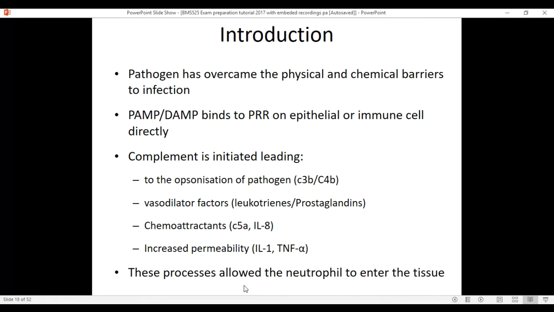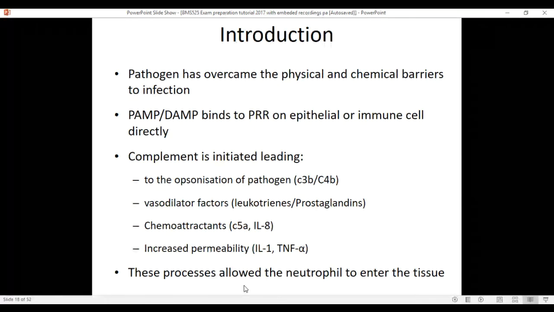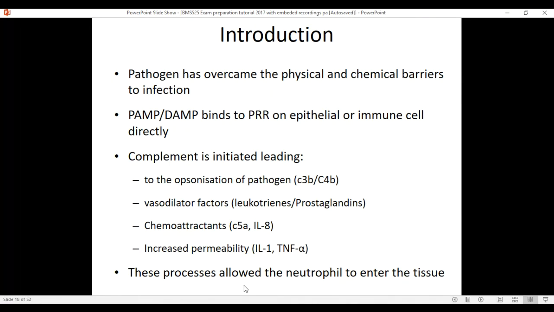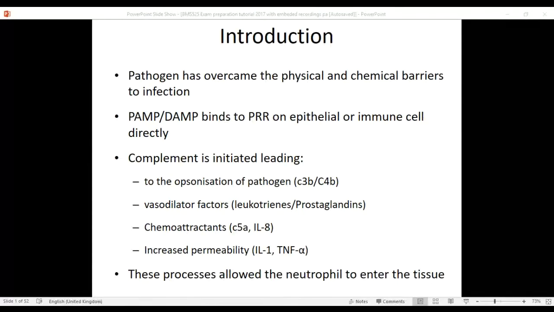And now we then go on to talk about the process of phagocytosis. Okay, so folks, you've got to remember you're trying to tell a story. Okay, and in this case, you're giving a synoptic overview of what happened in order to get us to the point where the neutrophil is going to phagocytose a pathogen. Is everybody clear on that? Has anybody got any questions on that? It's a difficult task, but if you want the high marks, that's what you're going to have to be able to do.